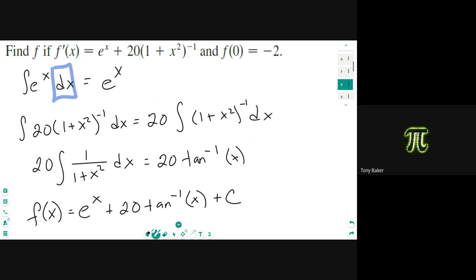But they gave us a little more information. They told us what an initial value is. They said f of 0 is -2. We can use that to figure out what c is.